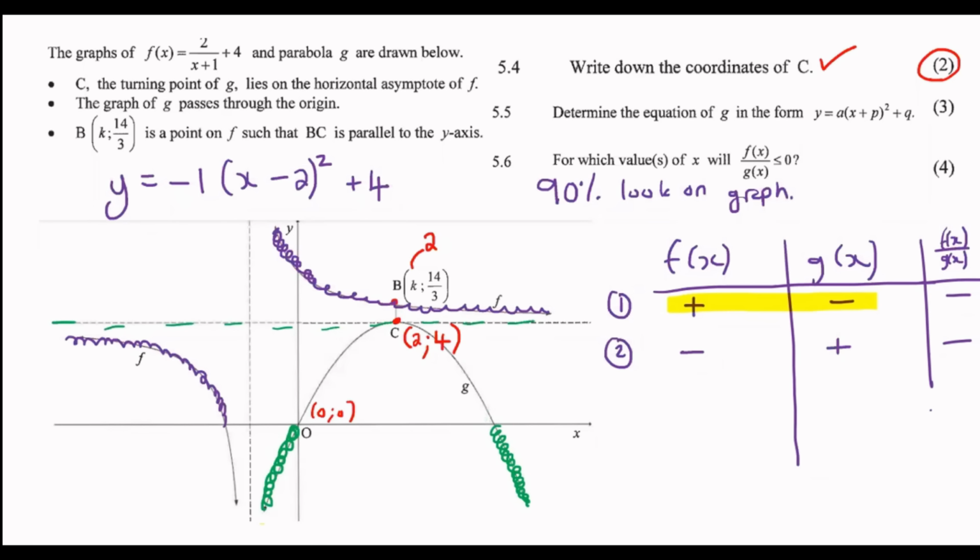So where would it overlap? Well, we can definitely see that this area up to here is really good, because the purple graph is positive and the green graph is negative over there. So that's a good place.